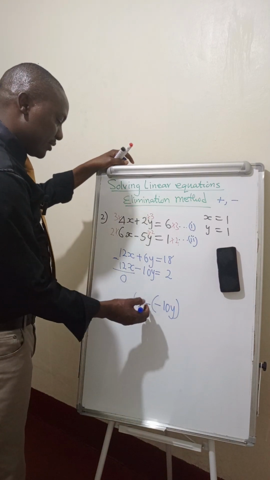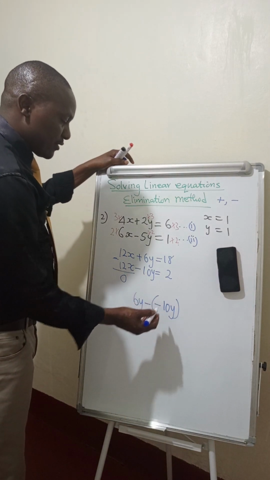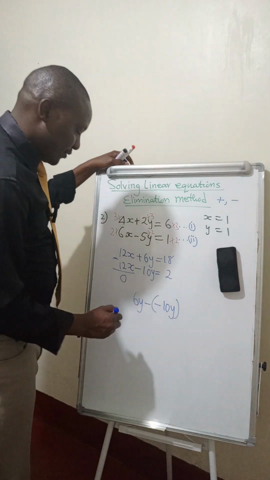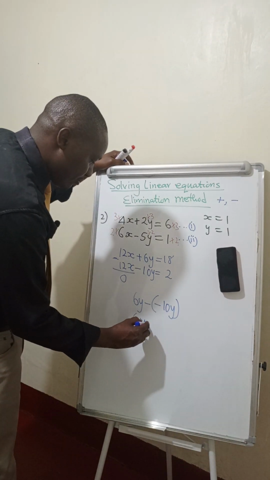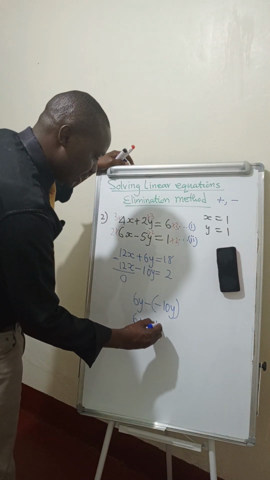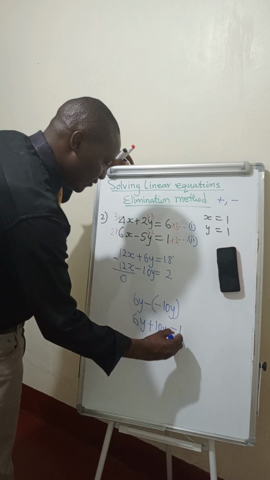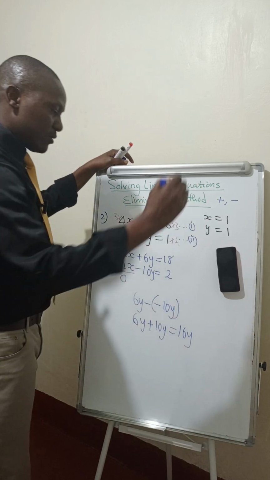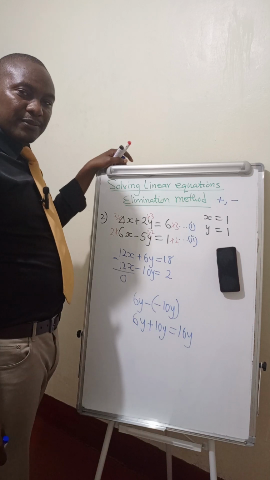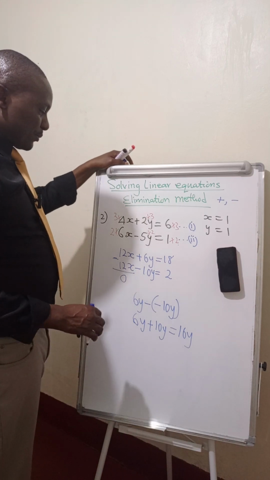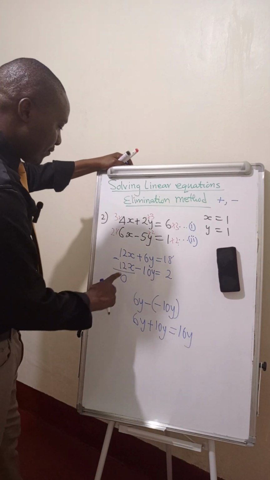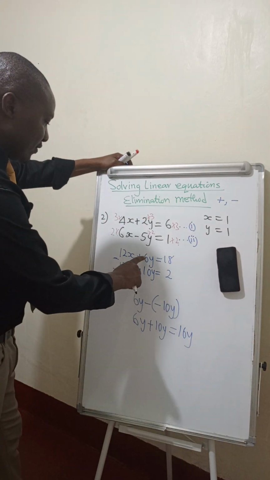Open this bracket. Negative times negative will be positive. So we have 6y plus 10y, and this one will give us 16y. Are we together, my learners? Good.